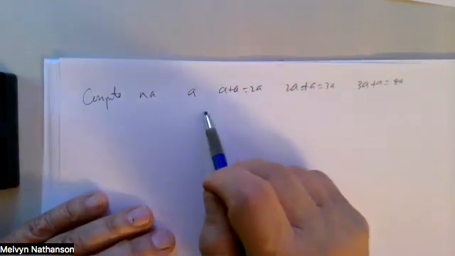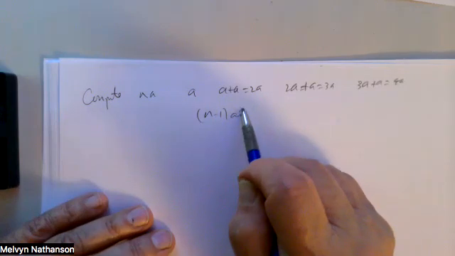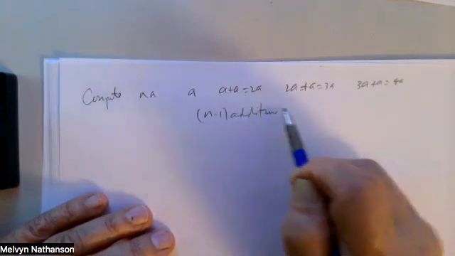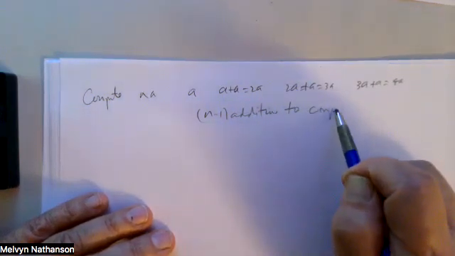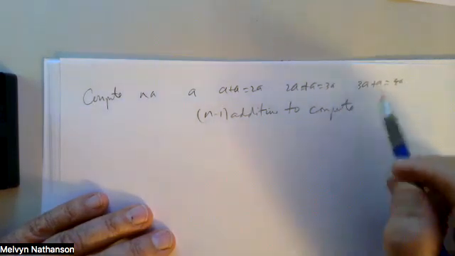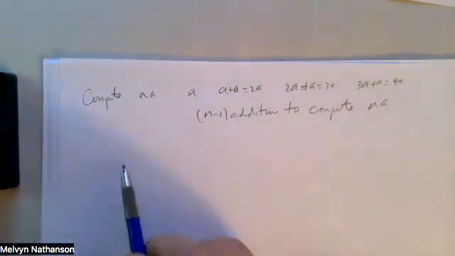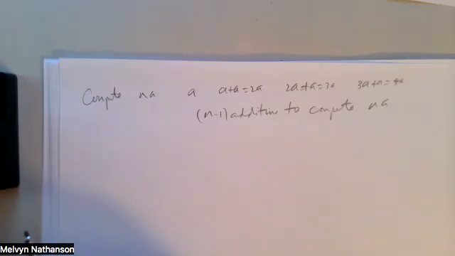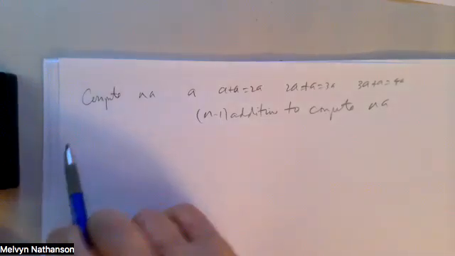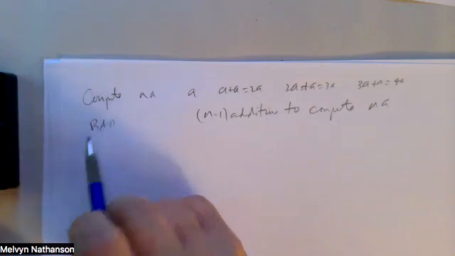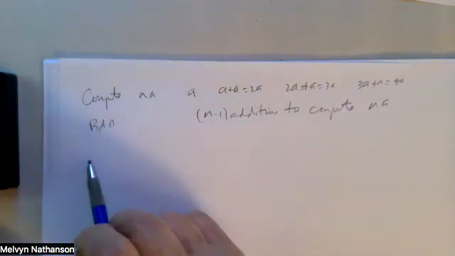And in general, it will take n minus 1 additions to compute na. So if additions are what is going to cost money, this is going to be bad because it takes roughly n steps.